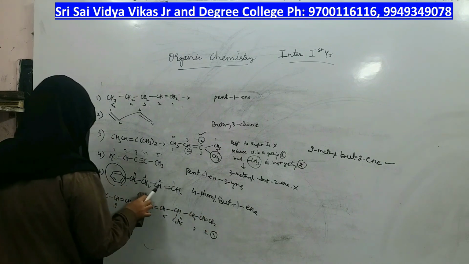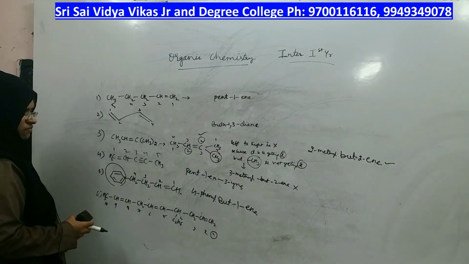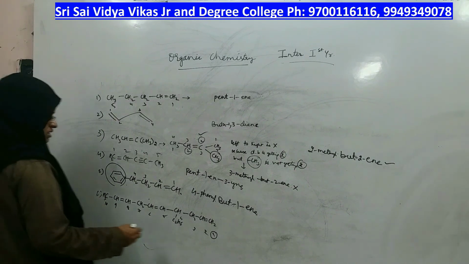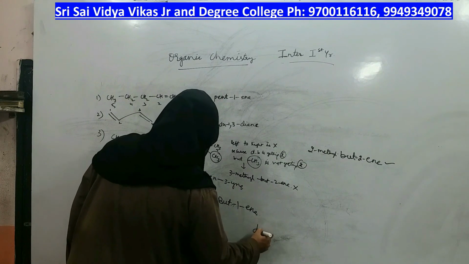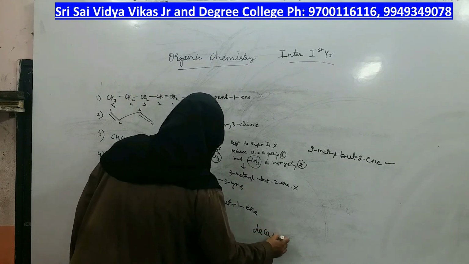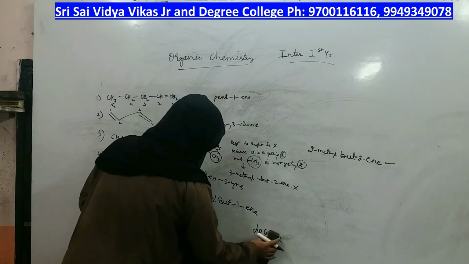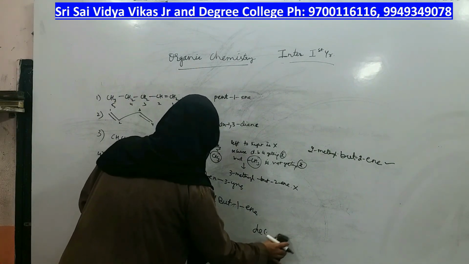Now, once you selected the chain and you gave the correct numbering, what is the root word for 10 carbons? Dec is told. Shall I write decane? No, I cannot write decane because all the bonds are not sigma bonds. There are double bonds present in the molecule.